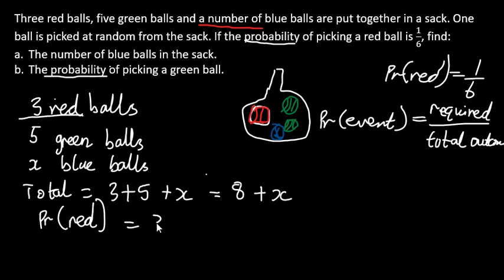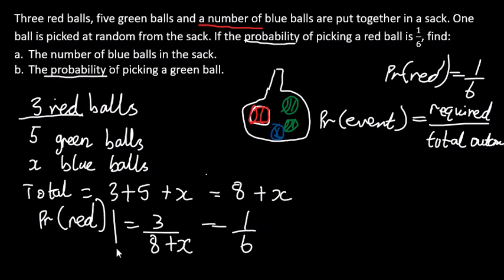So it's going to be 3 over the total outcome, which is 8 plus x. We are given the probability in the question, they say it is 1/6. So 3 over 8 plus x equals 1/6.